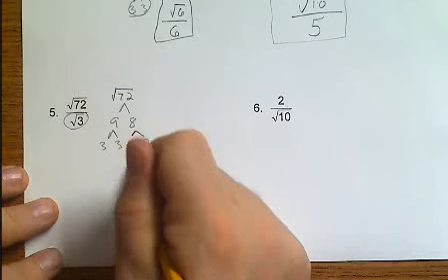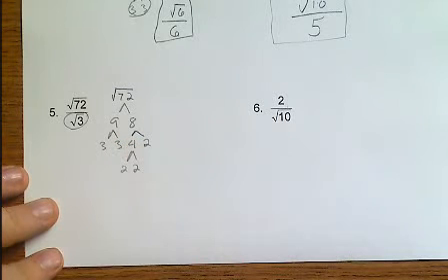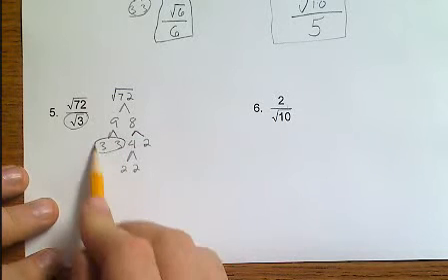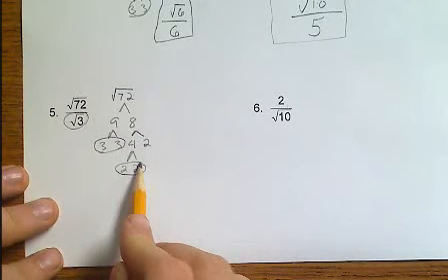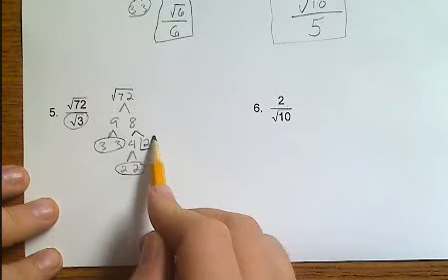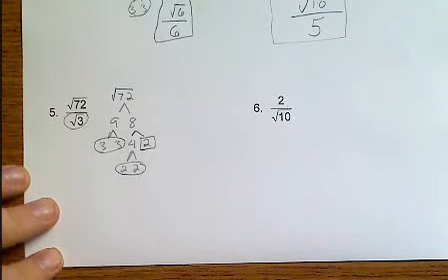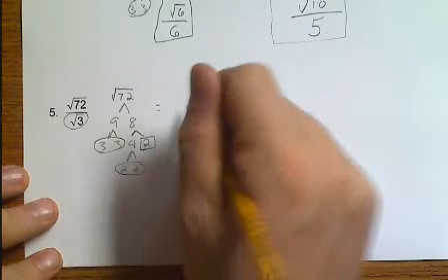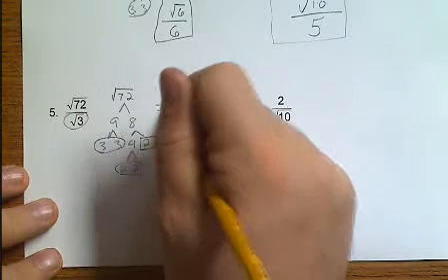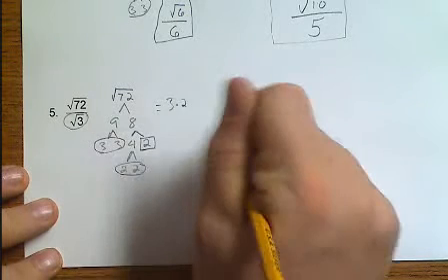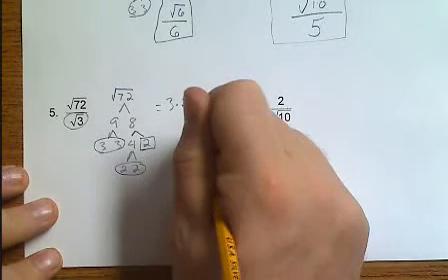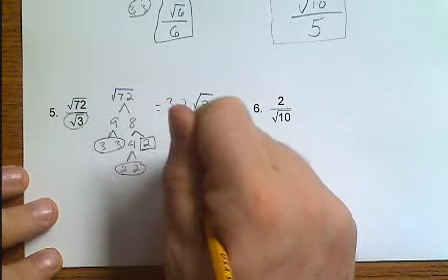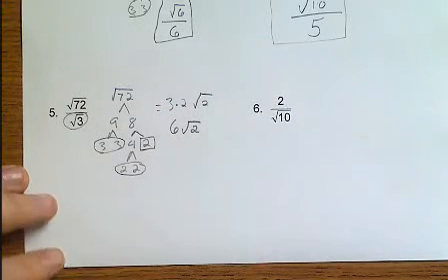And 4 is 2 times 2. So I've got a pair of 3's, a pair of 2's, and a lonely 2. So this equals 3 times 2 on the square root of 2, which is 6 on the square root of 2.